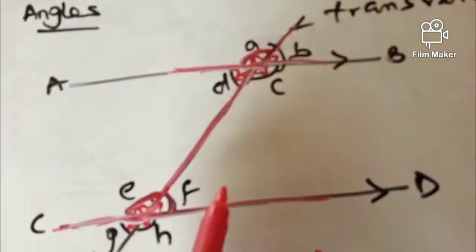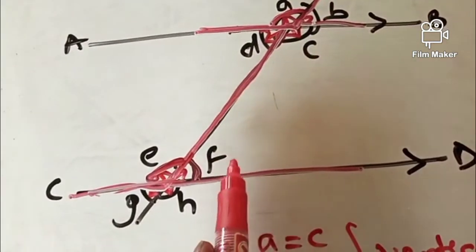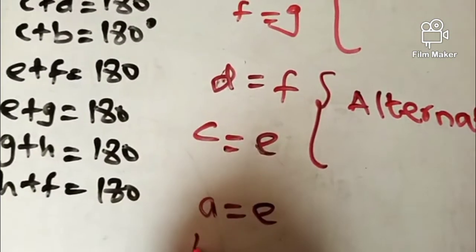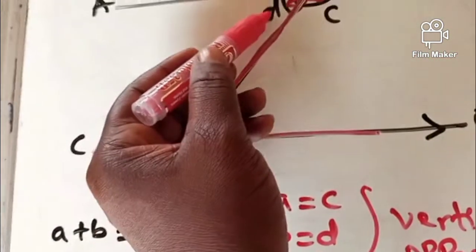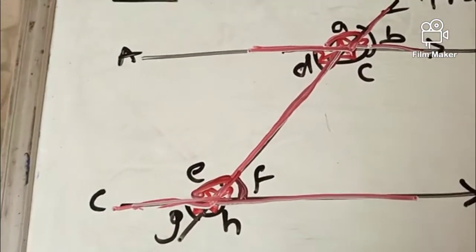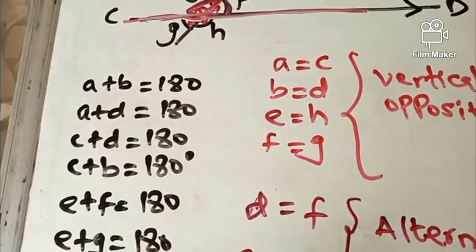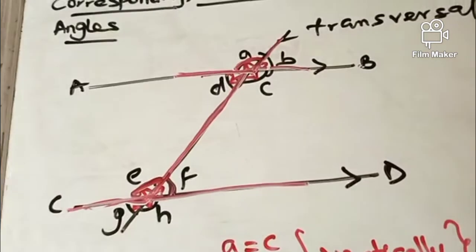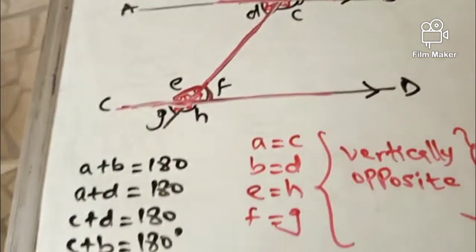B and F are occupying the same position. Look at B and look at F, the same position. That means B is equal to F. D and which angle are occupying the same position? D and G. D is equal to G. What of C? C and H are occupying the same position.